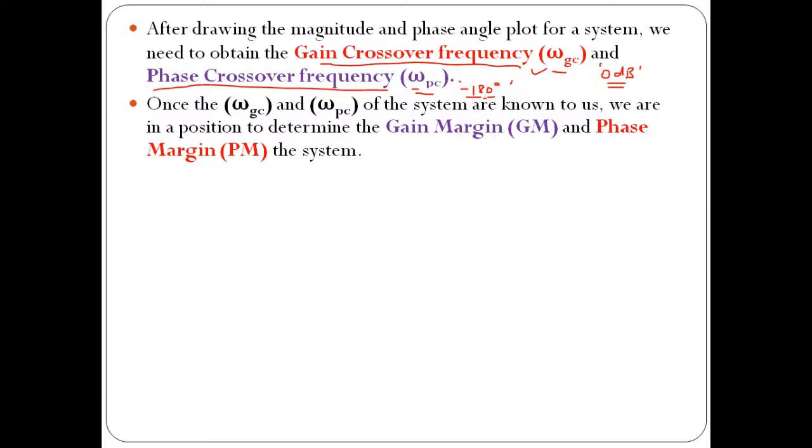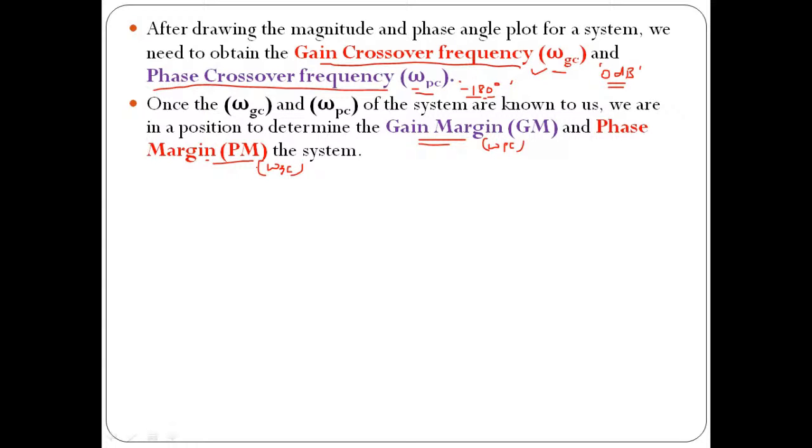And once you know ω_gc and ω_pc, then we need to calculate the gain margin and the phase margin. Remember one thing, in order to calculate gain margin, you have to calculate ω_pc. And to calculate phase margin, you have to calculate ω_gc. Now, how to calculate gain margin and how to calculate phase margin, we are going to learn in the coming slides.